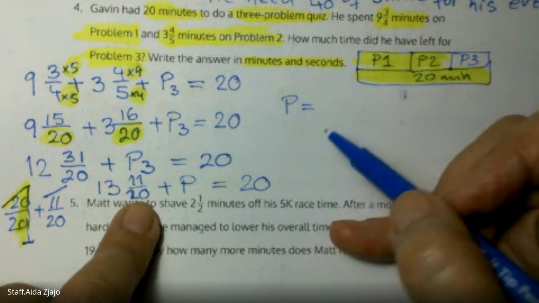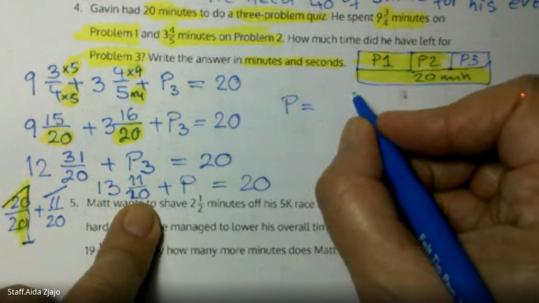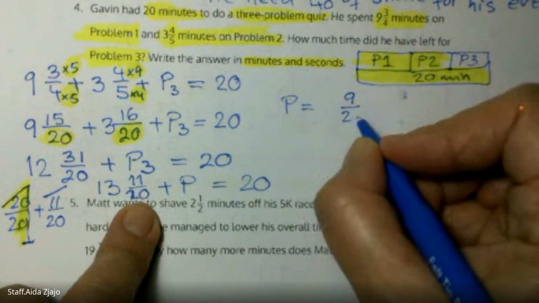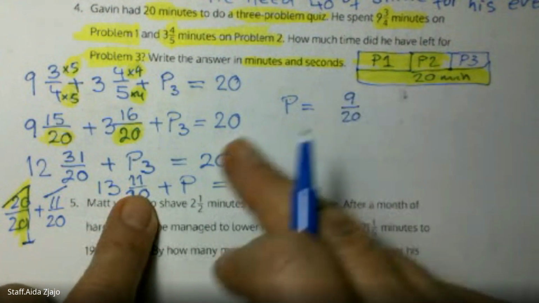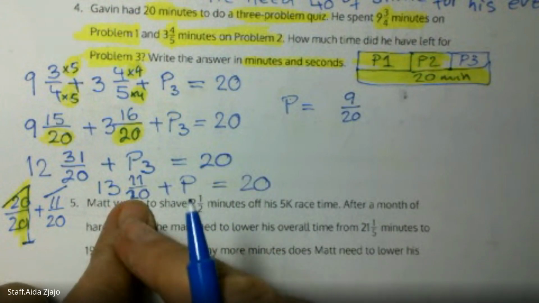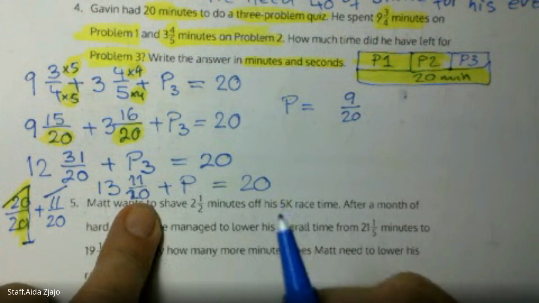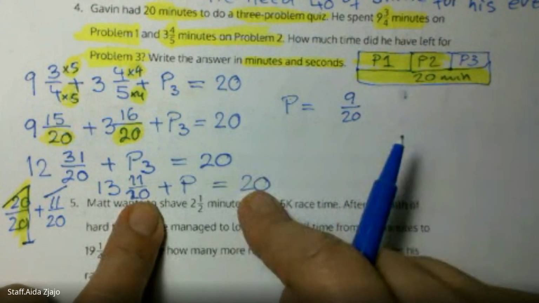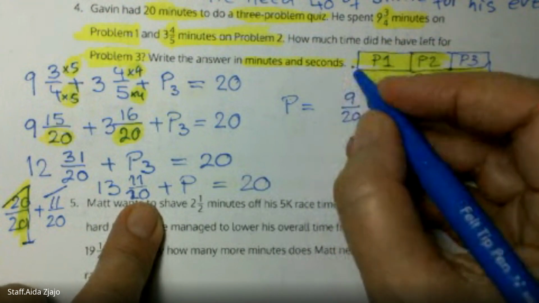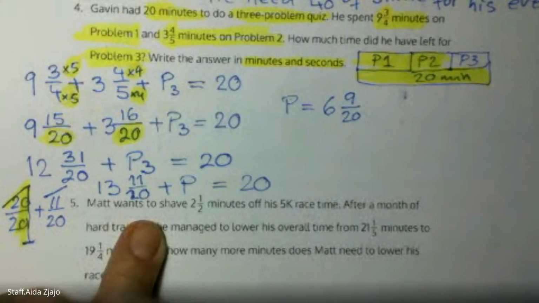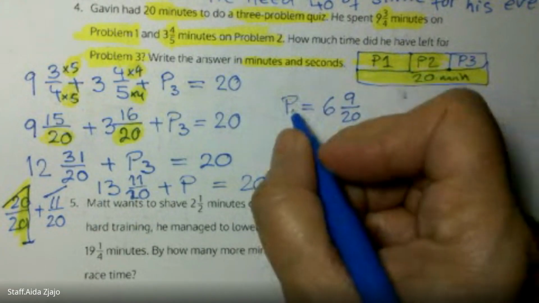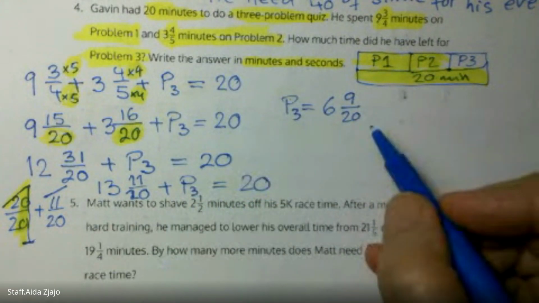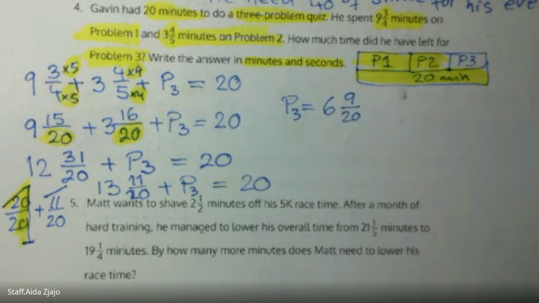So for 11 20ths, I need 9 20ths to make the whole. 9 20ths plus 11 makes 1 whole, plus 13 wholes, that makes 14 wholes. So to add up to 20 wholes, I need 6 more wholes. So problem 3 should take 6 minutes and 9 20ths of a minute.